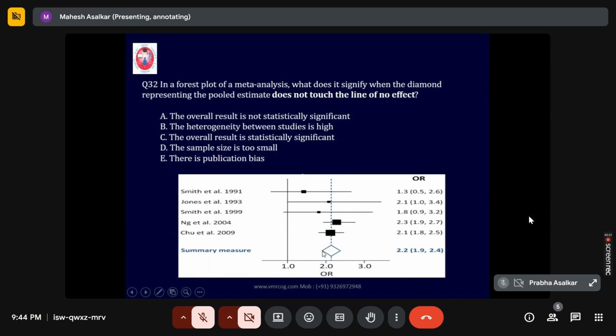This line is called the line of null effect. If the result crosses this line, then the study or the result is not significant.